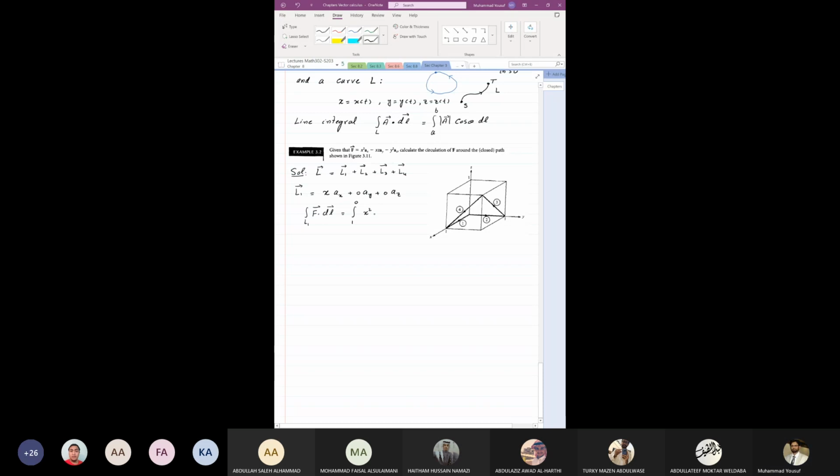It is x squared ax dot dl. dl is dx ax plus all others are 0. Now when we take the dot product, we get the integral from 1 to 0 of x squared dx, because ax dot ax is 1. Integrate, what do you get? X to the power 3 over 3 from 1 to 0. So it is negative 1 over 3.